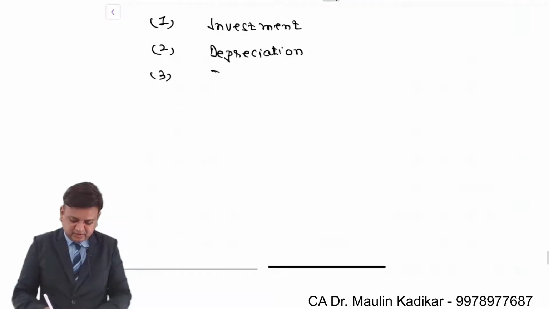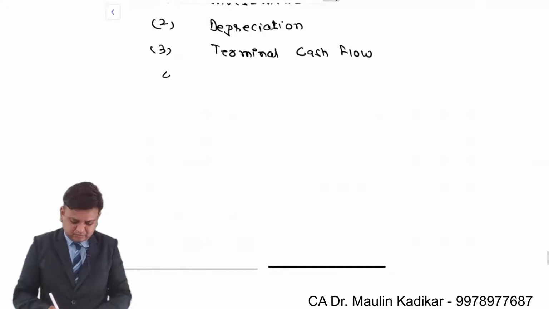Step number 3, terminal cash flow. Step number 4, recurring cash flow.